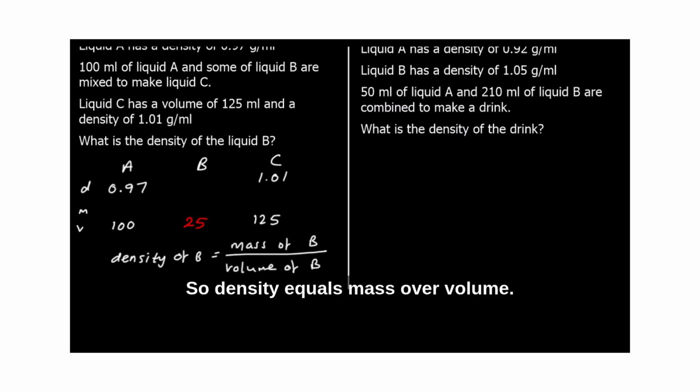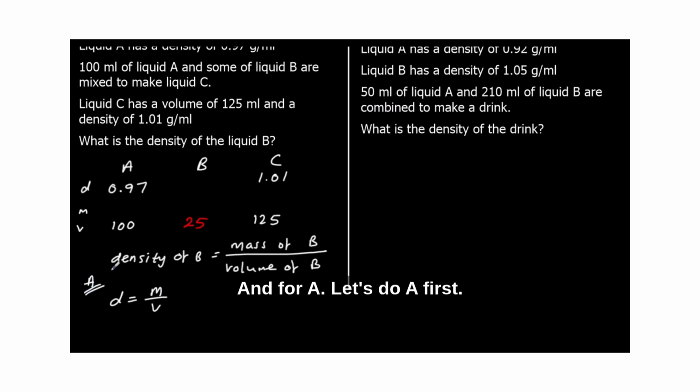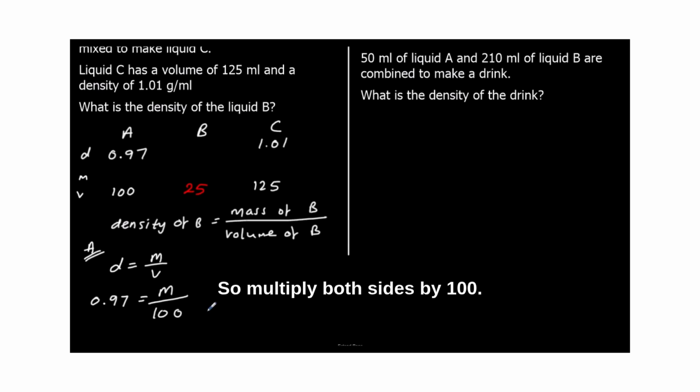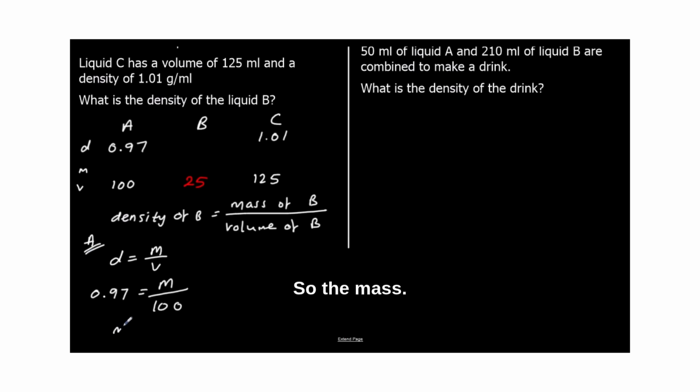So density equals mass over volume. And for A, let's do A first. That's 0.97 is M over 100. So multiply both sides by 100. So the mass must be 97 grams.